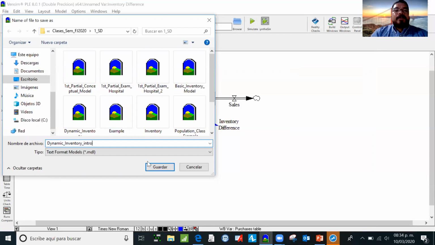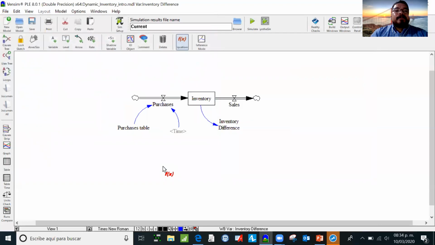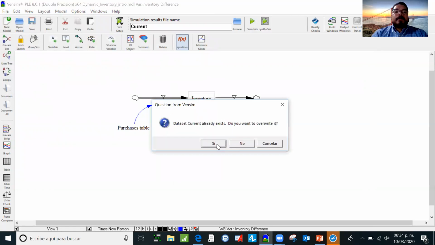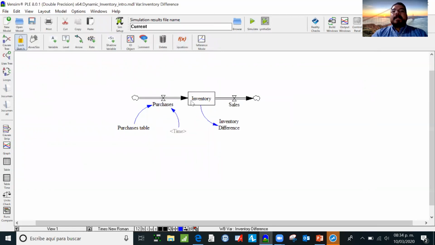So it's just an intro to the whole model. And now what I'm going to do is run this model. Okay, and let's see, first of all, how the inventory behaves.